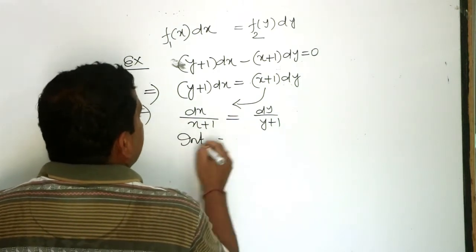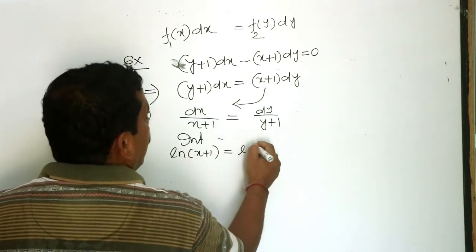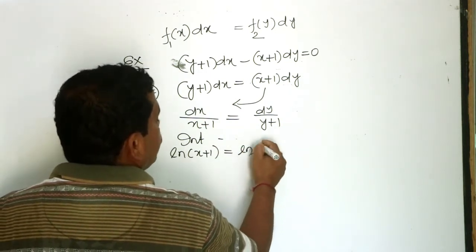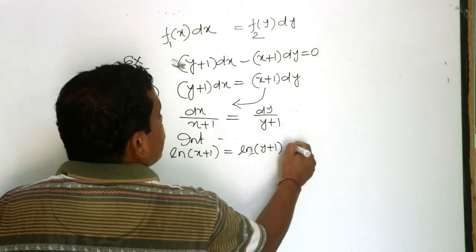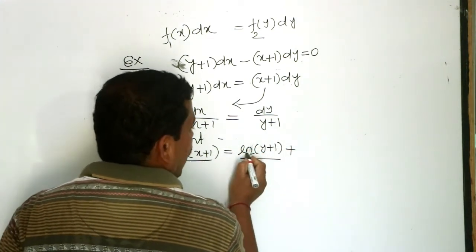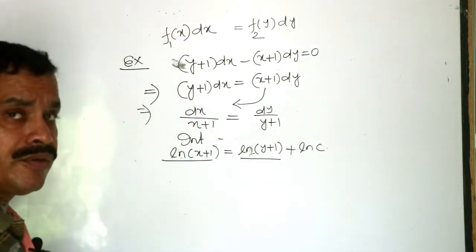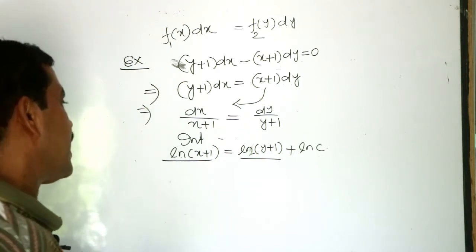Integrating both sides, here log (x plus 1) equals log (y plus 1) plus, since log appears on both sides, we take the integrating constant as log C, because we can then omit the log on both sides.